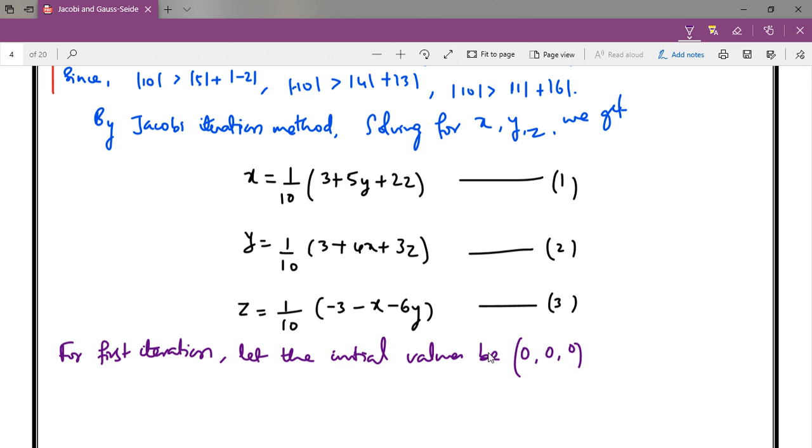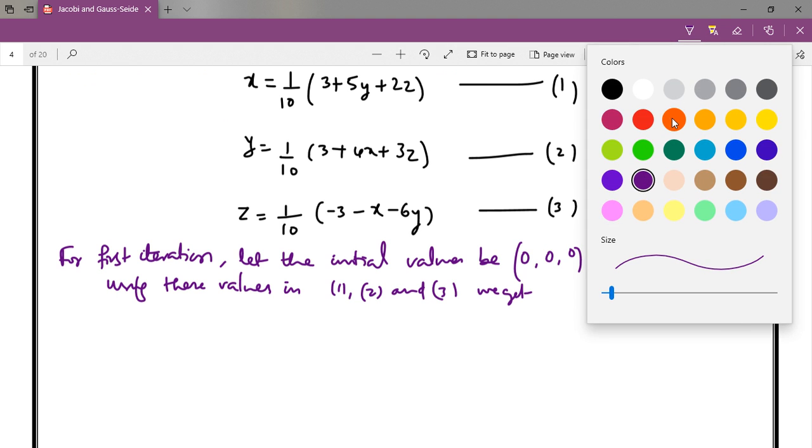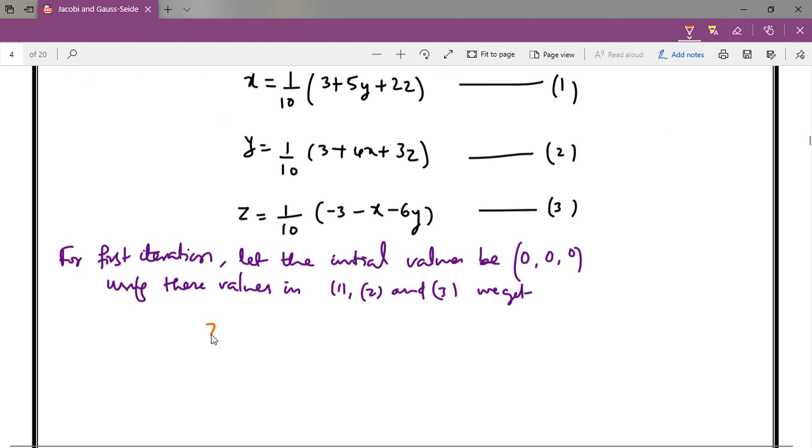Okay, that is x0, y0 and z0. So using these values in 1, 2 and 3, we get x is equal to 1 by 10 into 3 plus 5 into, what is the y value?